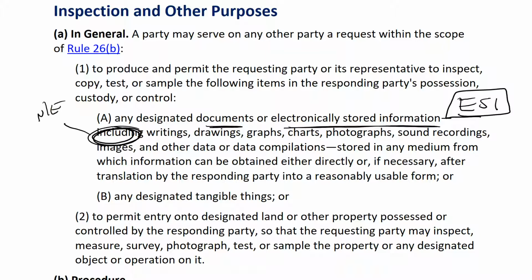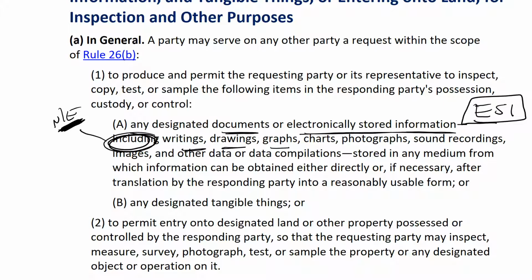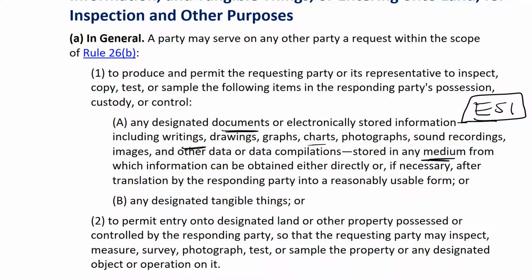So this list doesn't include just what's there, but it can include other things. Writings, drawings, graphs, charts, photos, sound recordings, images, and other data or data compilations, right? They can be stored in any medium from which information can be obtained directly or after translation into a reasonably usable form. So that's not just paper, okay?